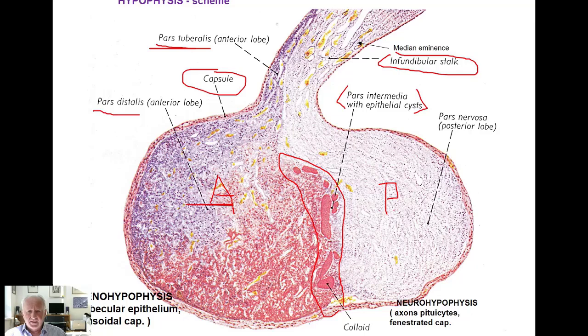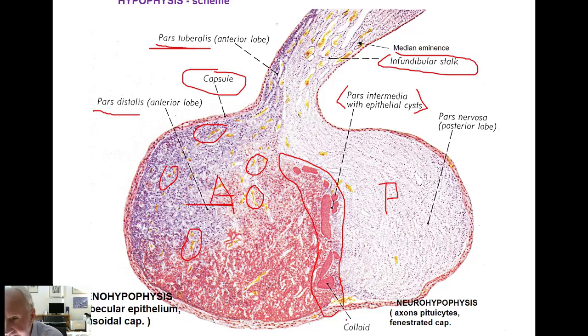So automatically there is trabecular epithelium in the anterior lobe, and sinusoidal capillaries. So here is the perfect capillary net around those trabeculae of secretory epithelial cells, so that the hormones can get into the blood from those epithelial cells without any problems.